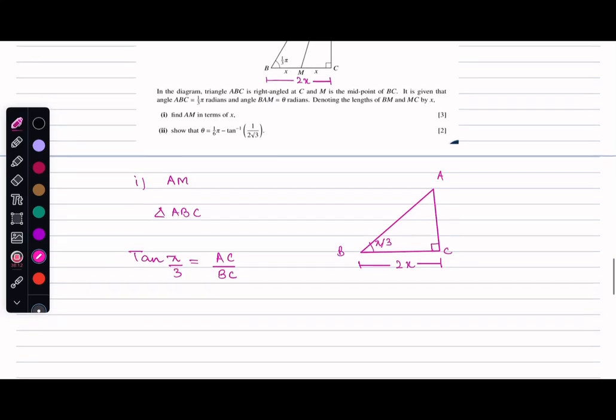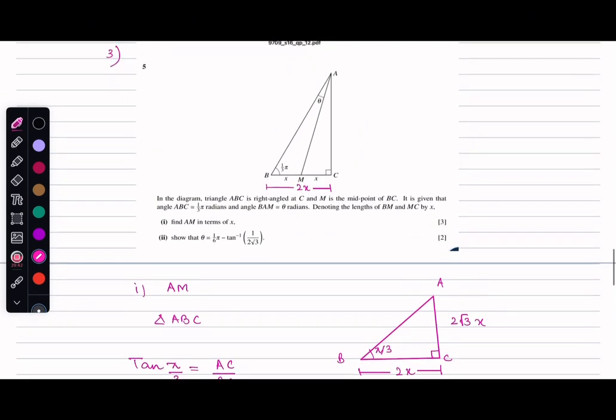Tan pi by 3 equals square root of 3, and BC is 2x. Therefore, AC equals 2 root 3 x. So this is what the value of AC is going to be. Then the question is asking for AM.